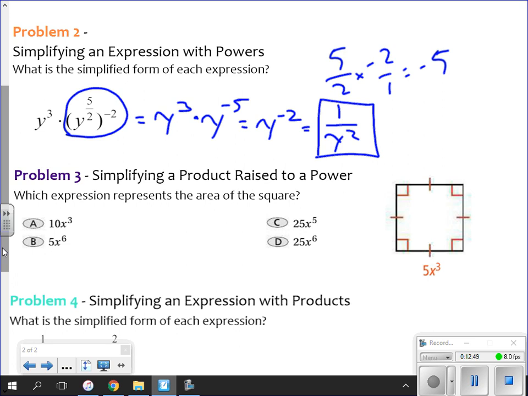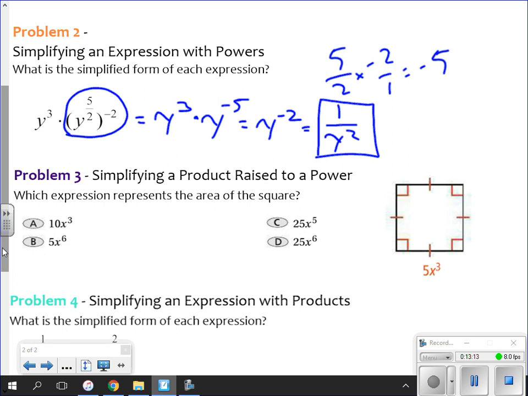Questions so far? When you have problems, and you will have problems similar to this, do them one part at a time. Take care of the power to a power first, then do any multiplying, and then if you have anything negative, move it down to the bottom. The last step you do in anything should be taking any negative exponent and moving it to the denominator to make it positive.